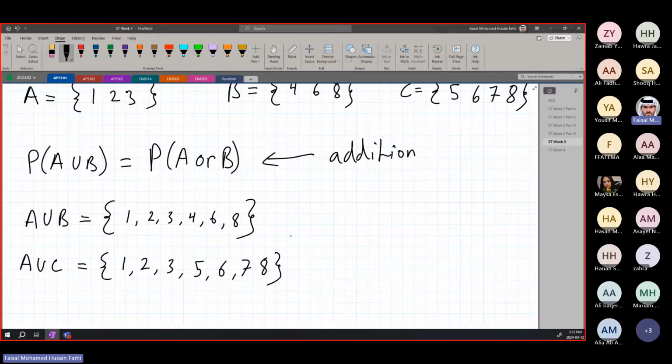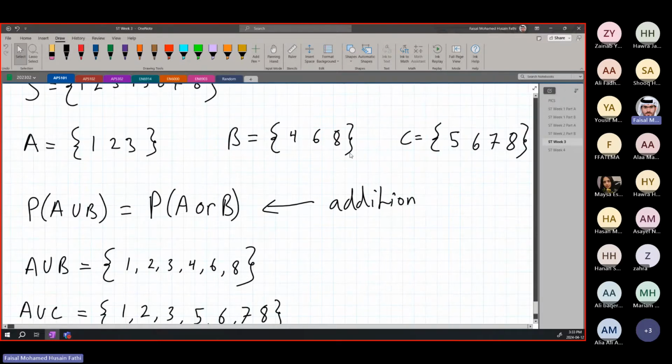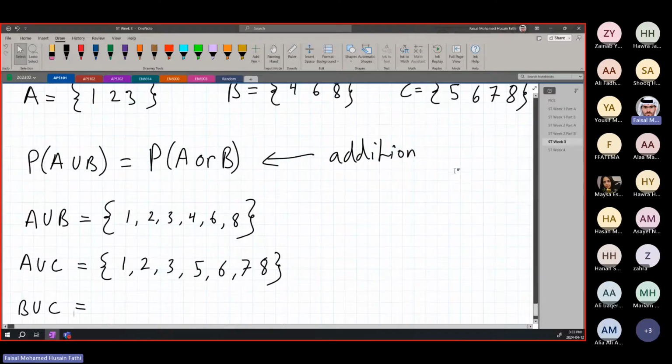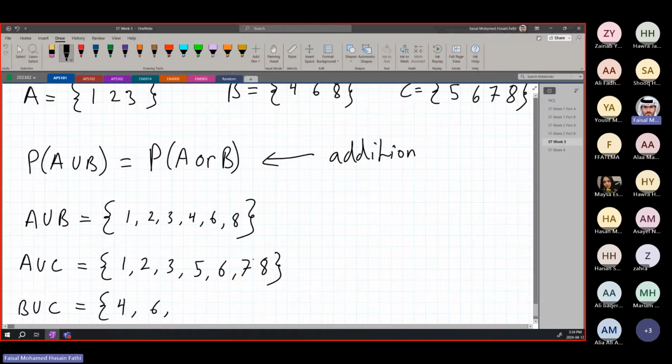Now remember, if we do B union C, we have 4, 6, 8, 5, 6, 7, 8. When we're doing union, whatever is repeating, we will not repeat. So we have 4, then 6 occurring twice, we will write it once. 8 occurring twice, we will write it once. So 4, 6, 8 of B, and then we will add whatever is left from C. What is left from C?